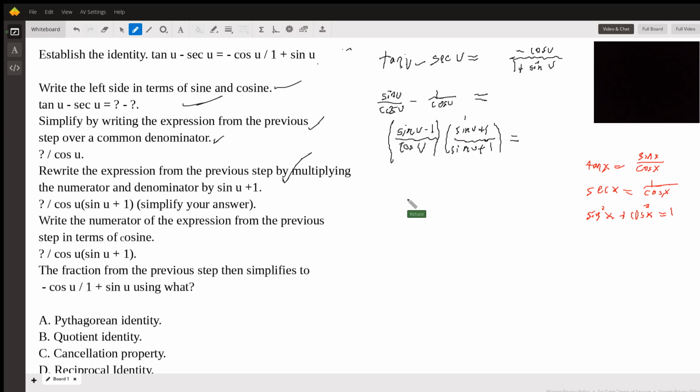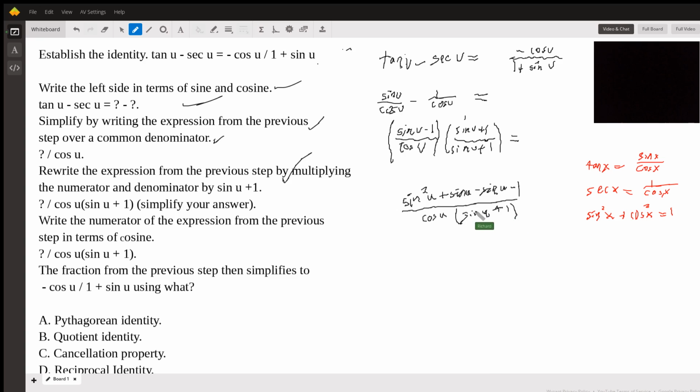On the top, I'm going to get sine squared u plus sine u minus sine u minus 1, all over cosine u times sine u plus 1.